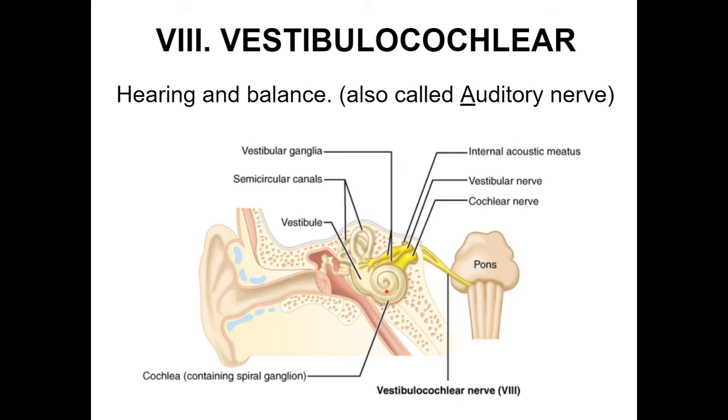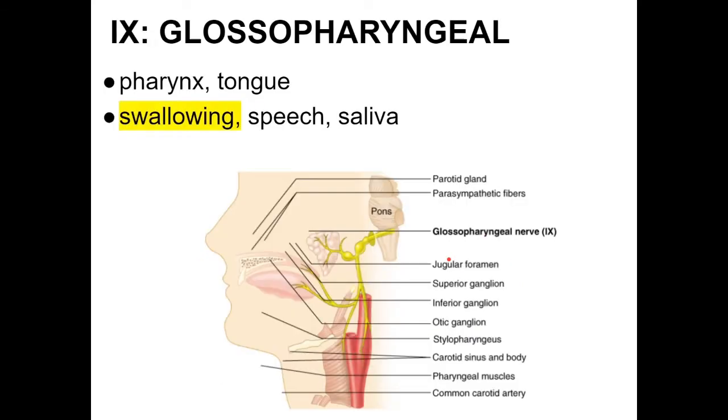So if you get a severe ear infection, not only can you lose your hearing, but it can also mess with your balance. Nerve 9 is the glossopharyngeal nerve. This is your tongue, swallowing, speech, saliva production, all of those things are involved with the glossopharyngeal nerve.